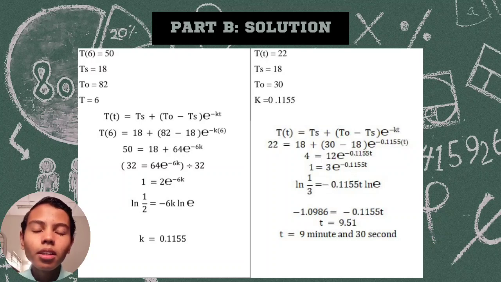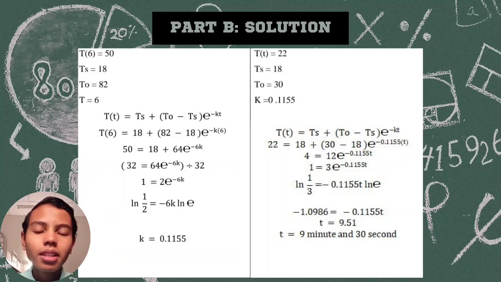This time we need to find the time taken for the solution to cool from 30 degrees Celsius to 22 degrees Celsius. In the equation, the temperature at the time is 22 Celsius, the surrounding temperature is 18 degrees Celsius, the initial temperature is 30 degrees Celsius, and the constant of this object is 0.1155. But we need to find the time taken.